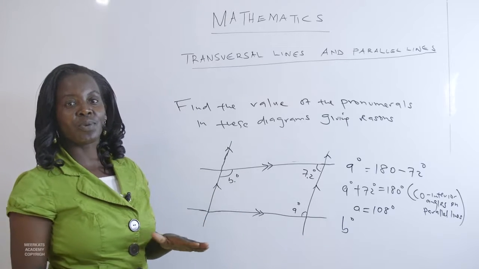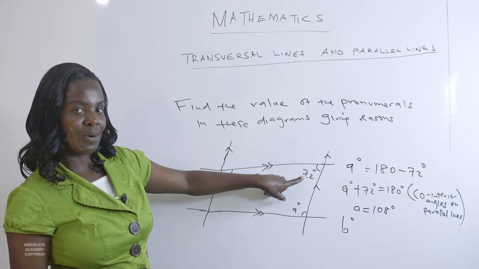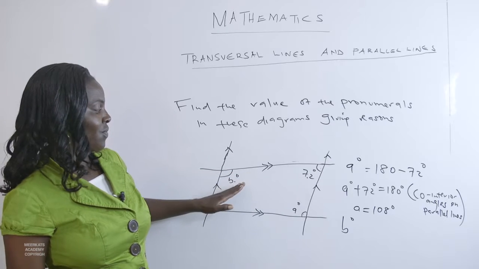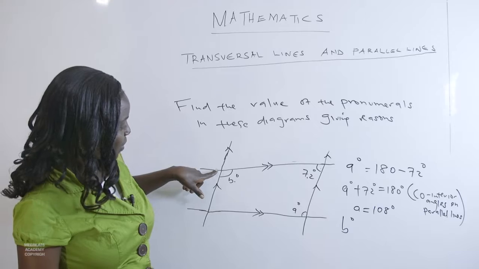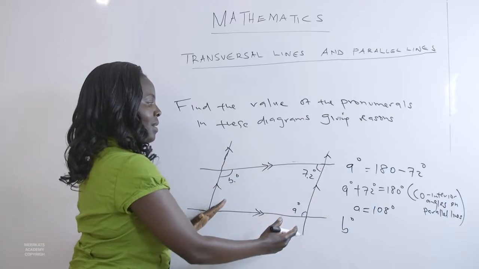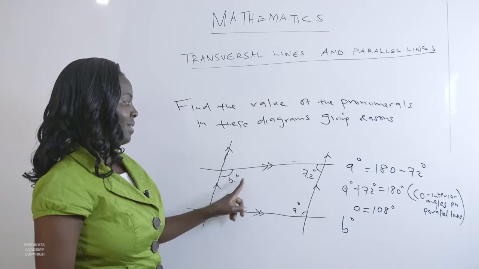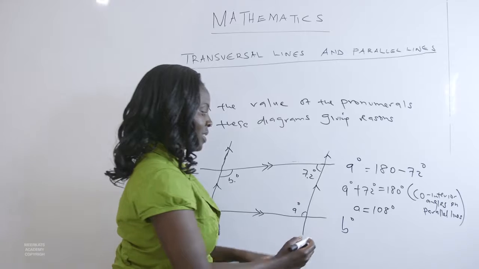If this is our transversal, and this line and this line are parallel, you realize that B and 72 are also co-interior angles. They are co-interior angles found on the same side of the transversal. Again, B and 72 are co-interior.